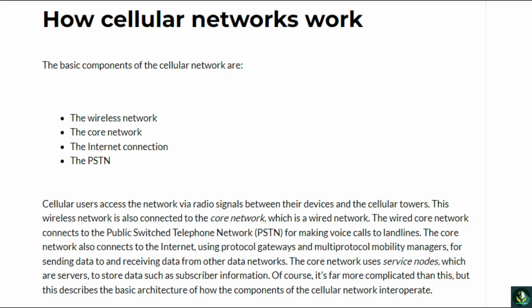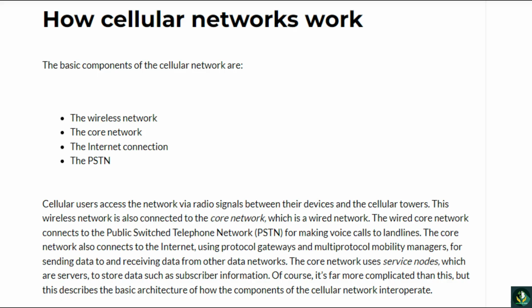How cellular networks work. The basic components of the cellular networks are the wireless network, the core network, the internet connection, and the PSTN. Cellular users access the network via radio signals between their devices and the cellular towers.